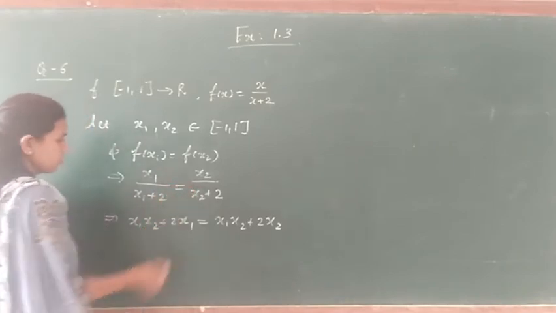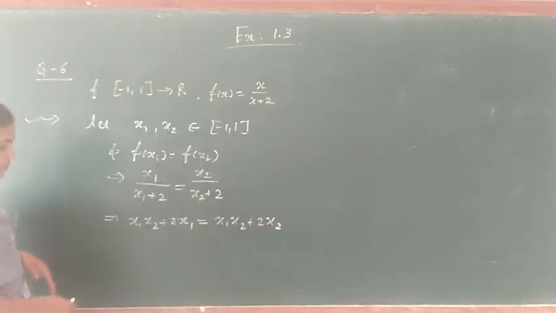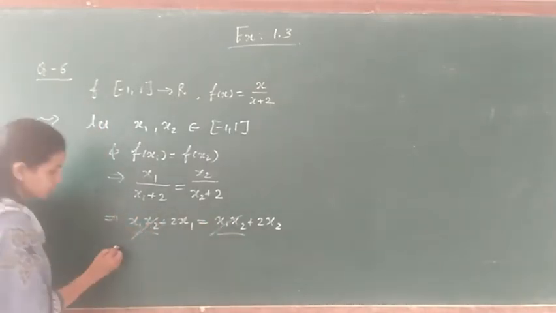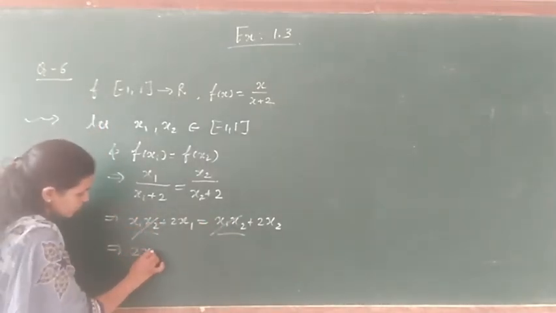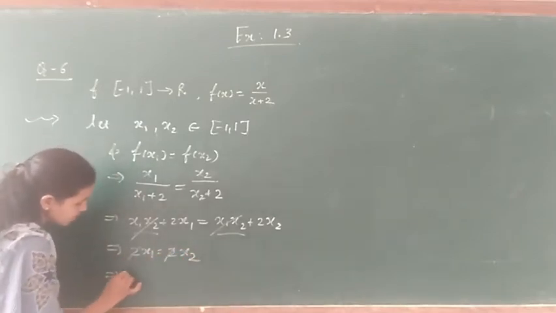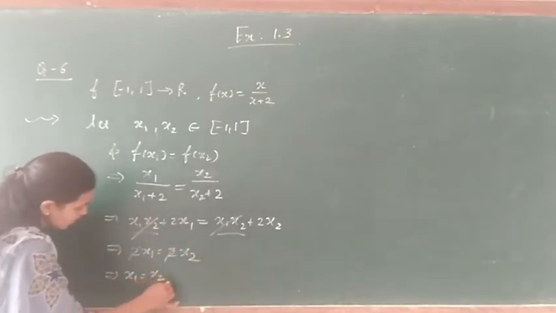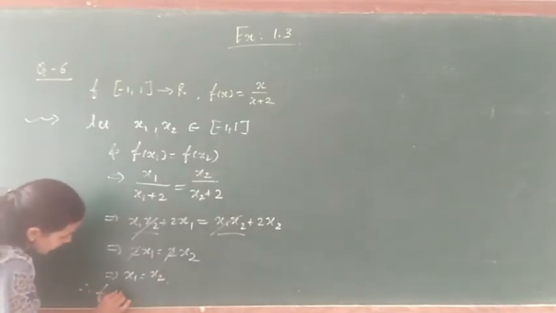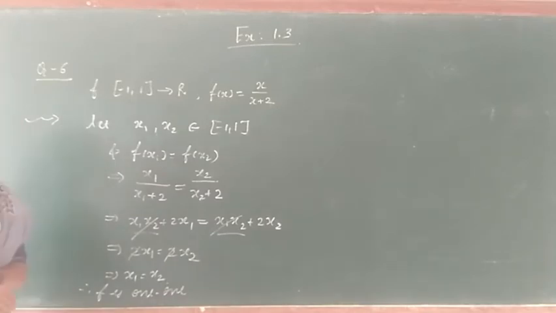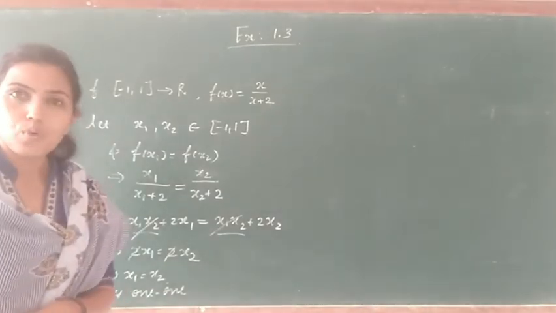Okay. So now for the simplification, x1 x2 cancels on both sides. So we have 2x1 equals 2x2, 2 cancels, x1 equals x2, therefore f is 1-1. So the first part is proved, that our function is 1-1.